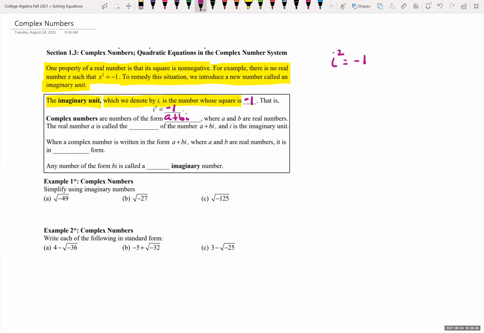The real number a is called the real part of the number a plus bi, and i is the imaginary unit. So when complex numbers are written in the form a plus bi, where a and b are real numbers, it is in standard form.